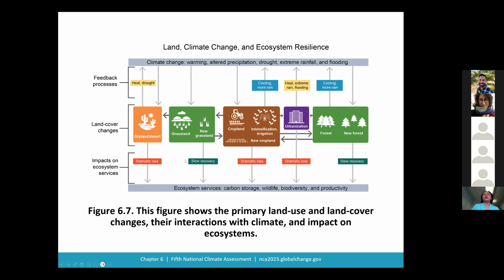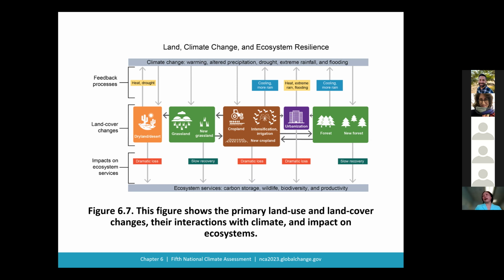And I want to say a little bit about the dry land. When we look at conversion of natural vegetation to dry land as a result of human activities or a natural desertification process, that is going to cause an increase of temperature and a decrease of precipitation, therefore contributing to the increase of heat and drought risks.